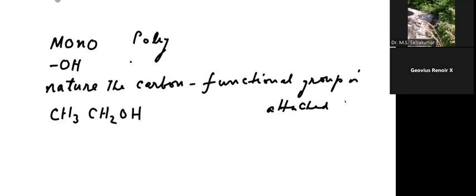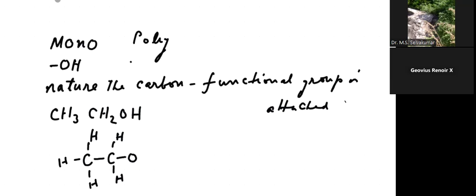Now, I want to write this ethanol like this. C contains 3 hydrogen atoms connected like this. And in the other bond, another carbon is attached, and 2 hydrogens are connected to that carbon. And then the functional group OH is there.